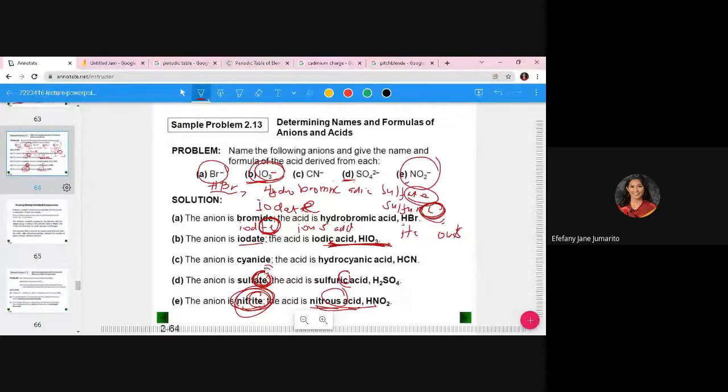But if it is ATE, like sulfate and iodate, we add ic acid: sulfuric, iodic. Okay?